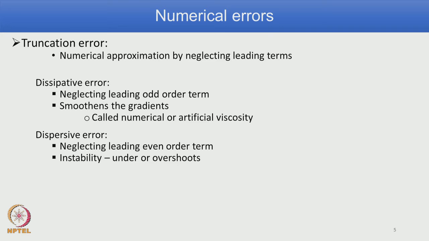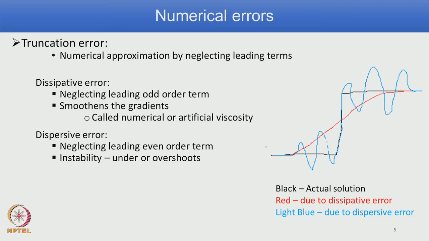Now, let us explain these two types of error with some illustration. In this figure, there are three curves. There is a black line going like a step function, and that is the expected or exact solution obtained analytically.